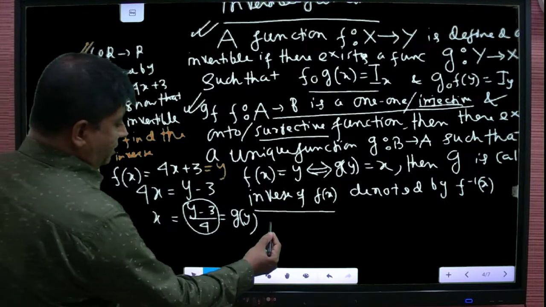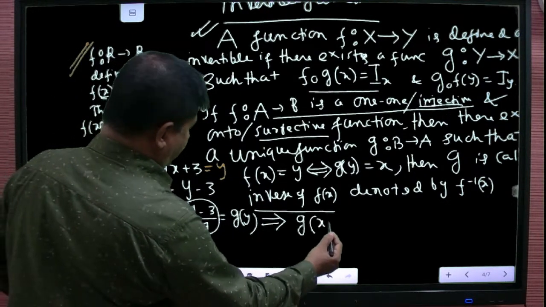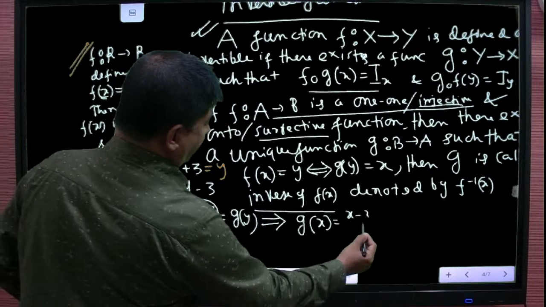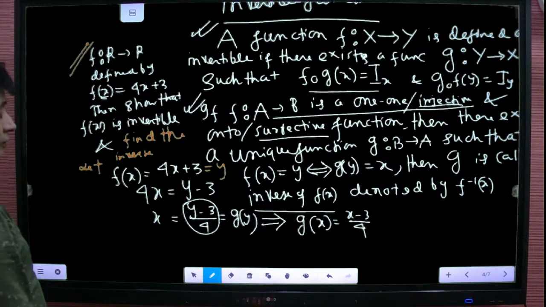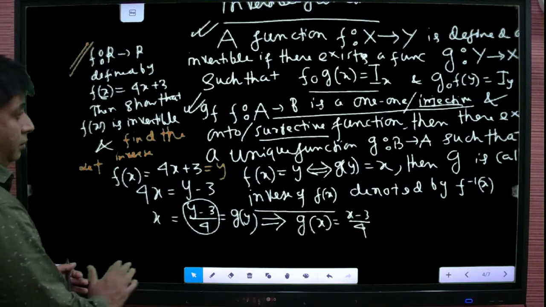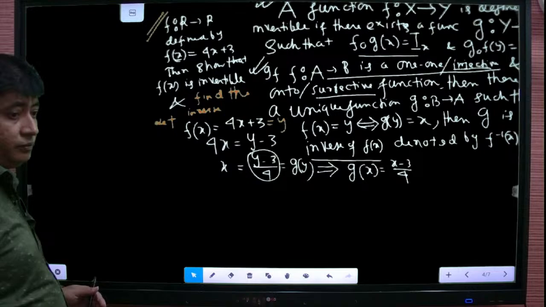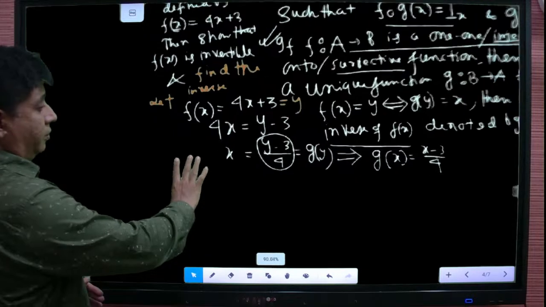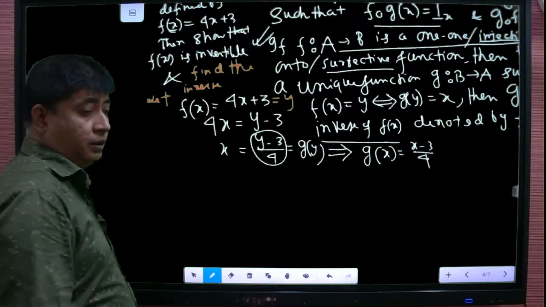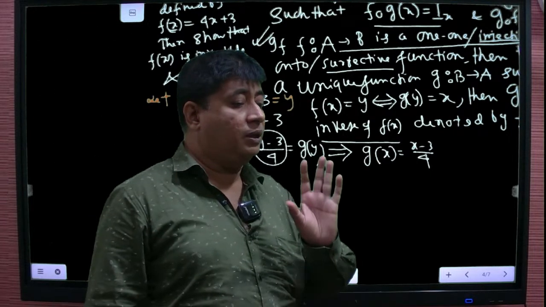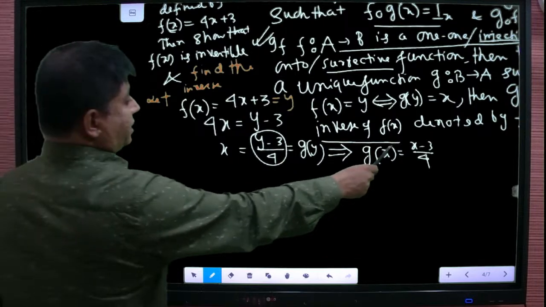If g(y) is equal to this, that gives us g(x) is equal to x minus 3 by 4. Hope it is clear for you. See, we have got g(x), and g(x) is x minus 3 by 4.